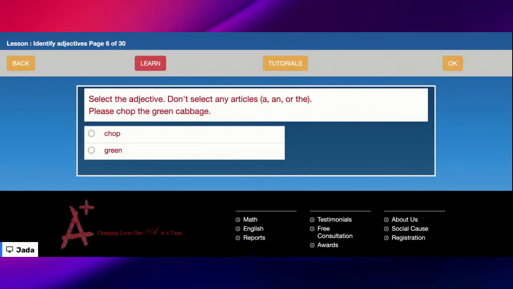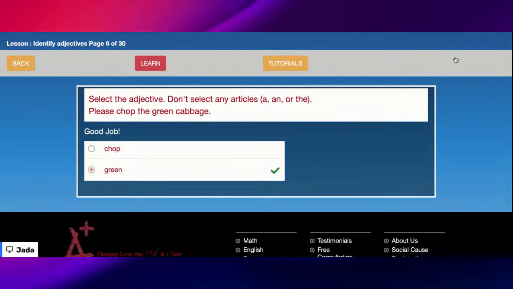So this one will be what kind, yeah, option 2 correct. That's green. So what kind of cabbage will you chop? It will be like the green cabbage. Okay.